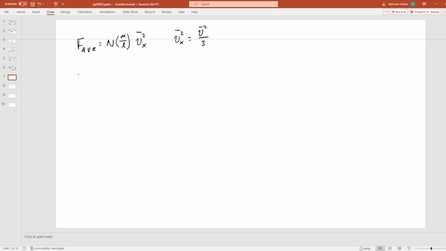So now if we insert this, this is going to be N m, not vx, but just v squared averaged, divided by 3 times L.